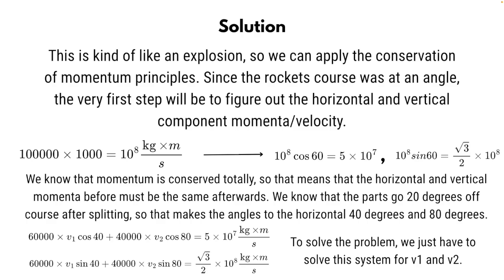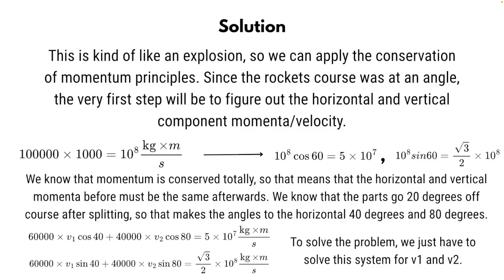And we know that momentum is conserved totally, so the horizontal and vertical momentum before must be the same afterwards. We know that the parts go 20 degrees off course after splitting, so that makes the angles to the horizontal 40 degrees and 80 degrees.